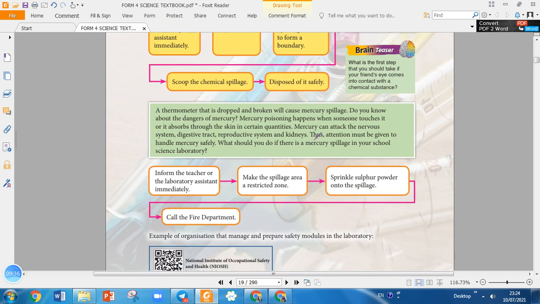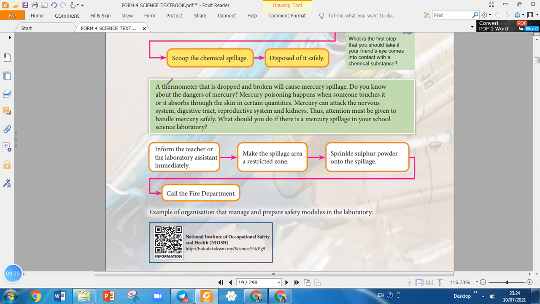Let's see, we have a thermometer accident. A thermometer that is dropped and broken will cause mercury spillage. As I mentioned earlier, for mercury spillage you need to carry out special steps in order to handle it. Do you know about the dangers of mercury?